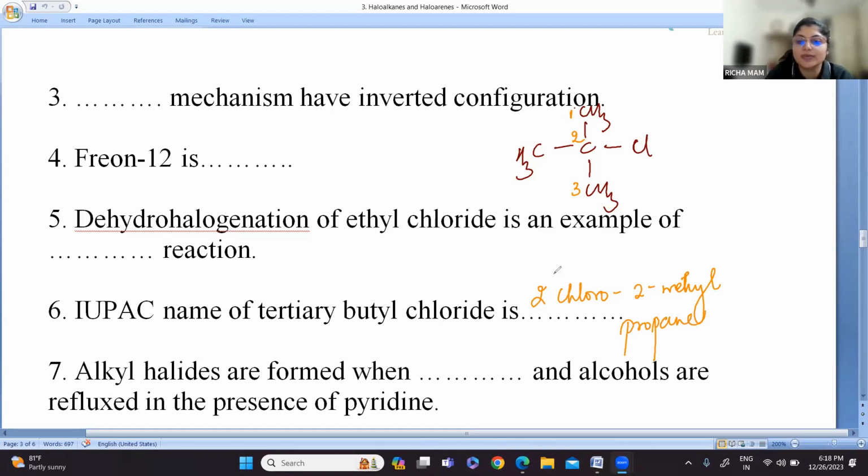At 2 position you have chloro, and at 2 position you have methyl. Chloro comes first, C comes before M, and the 3 carbon atom is the parent chain. So it is 2 chloro, 2 methyl propane. Fine.